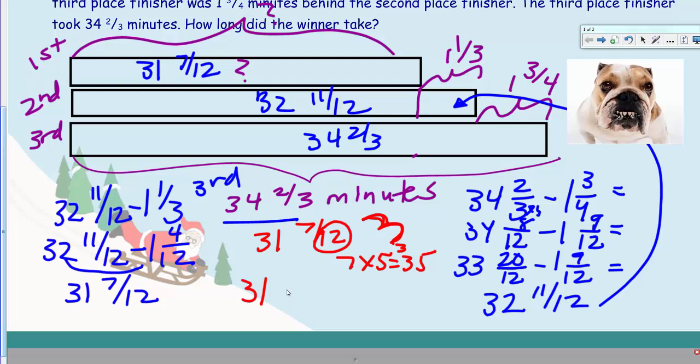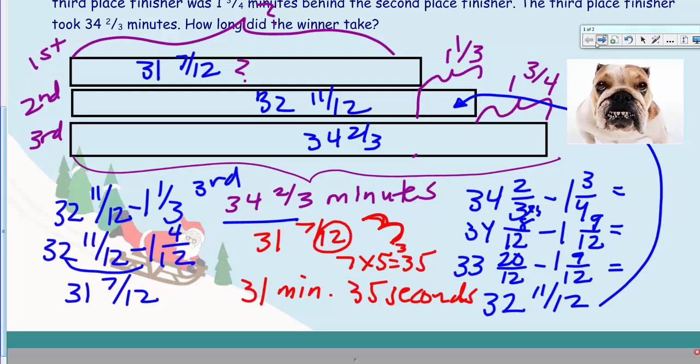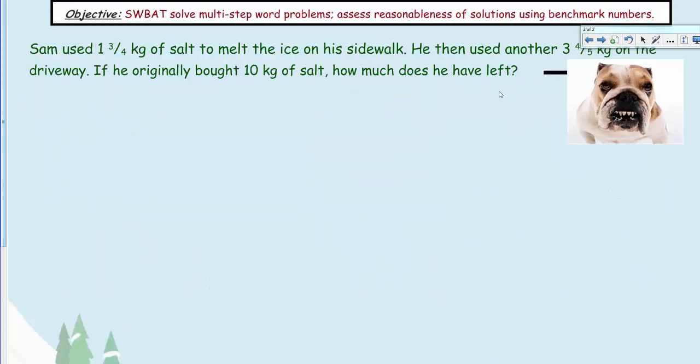So 31 minutes and 35 seconds. That's normally how we would write a time for running, rather than 7/12, which sounds kind of weird. But that's how they gave it to us, because we're practicing our fractions. So let's look at the next problem, because we're just doing these 2 problems, and that will be it.